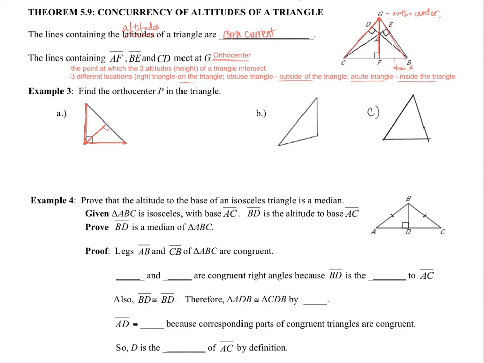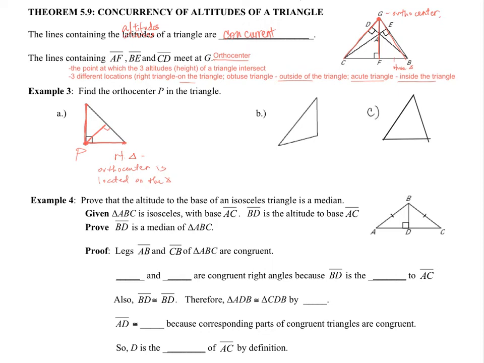As you can see, these three altitudes intersect at this corner, so we can label that P and state that for a right triangle, the orthocenter is located on the triangle.